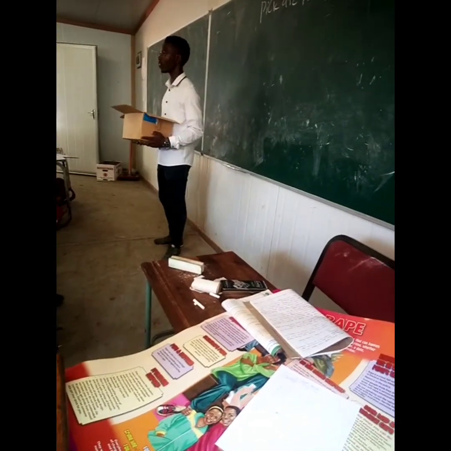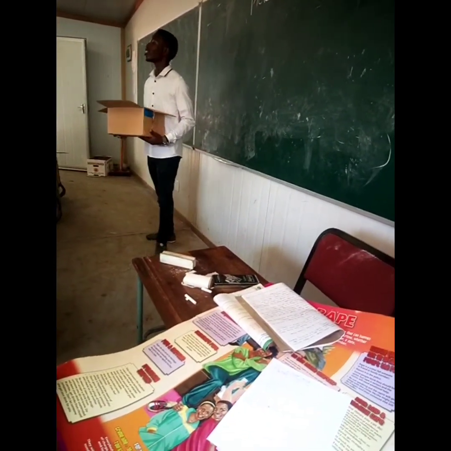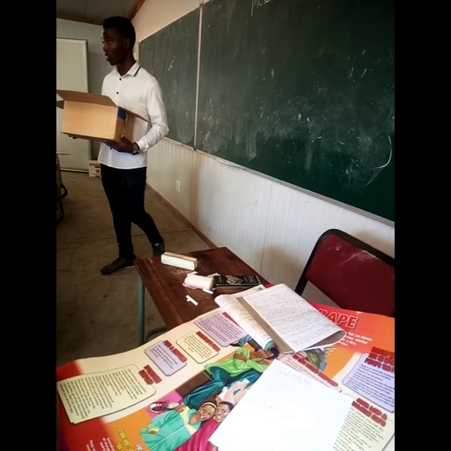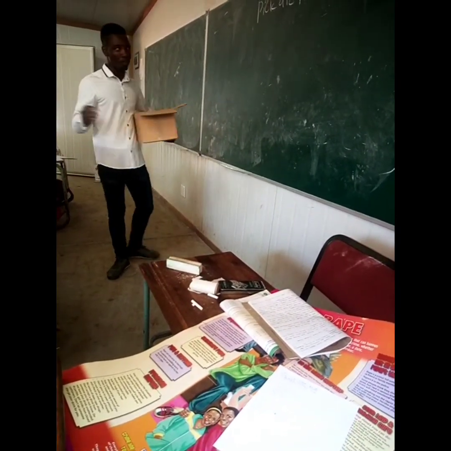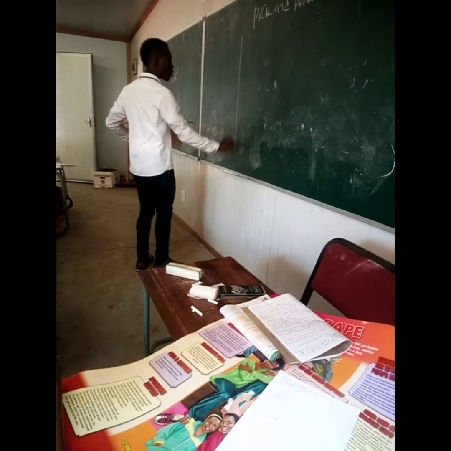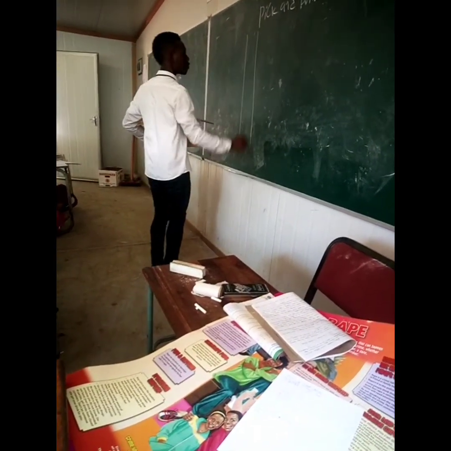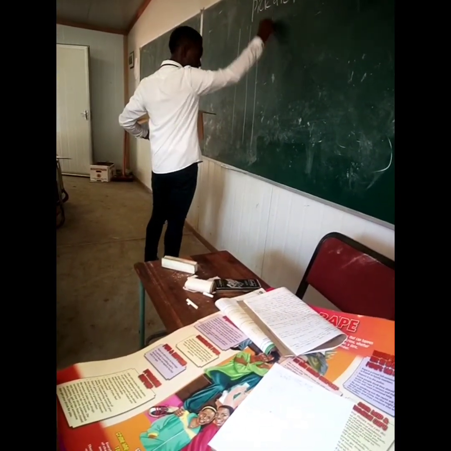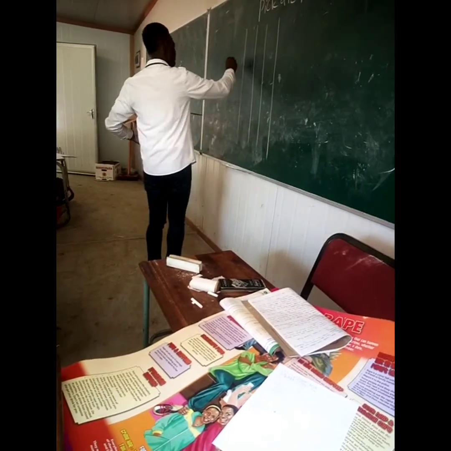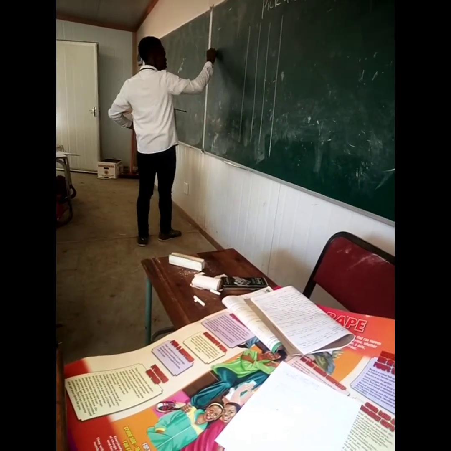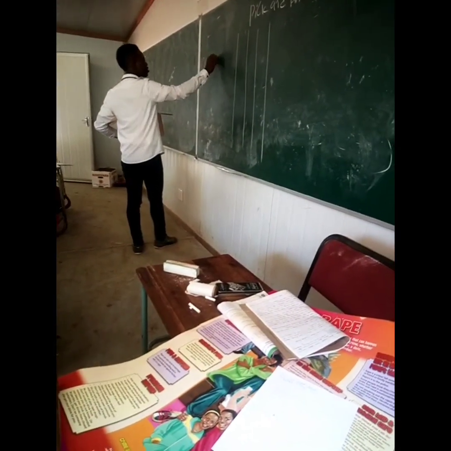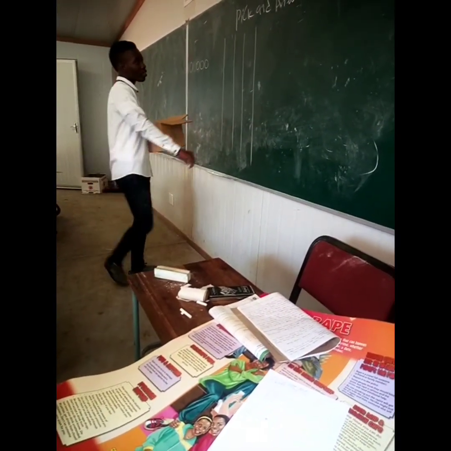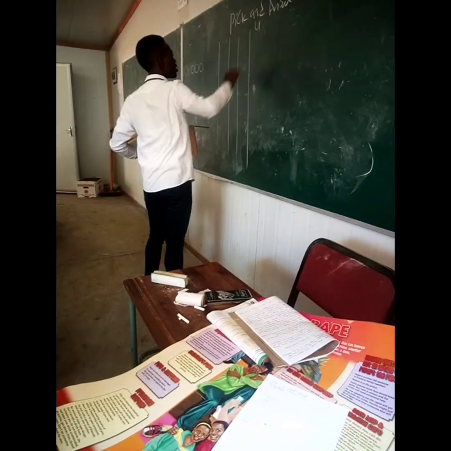10,000 has 4 zeros. She says that 10,000 has 4 zeros, right? Yes. Now, let us confirm it. So we are dealing with 10,000, right? Yes. She says 4 zeros. Now, this is the units, right? Yes.